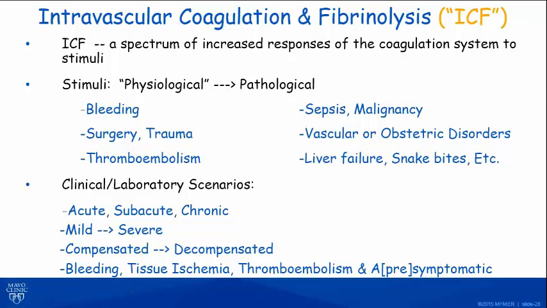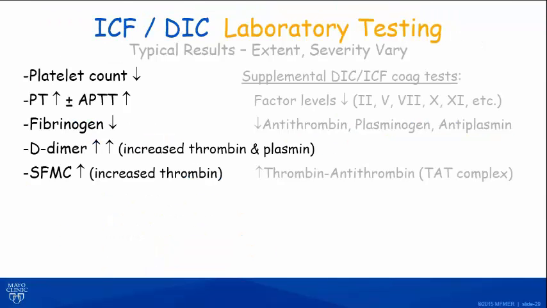Compensated means the clotting factors are still essentially normal. You can have bleeding, thrombotic things occurring, or both of them, or be pre-symptomatic. Typical findings in DIC: the platelets are consumed, the PT is more sensitive to factor depletion, fibrinogen is consumed, D-dimers are elevated, reflecting that you made thrombin and plasmin got activated, and soluble fibrin monomer mainly detects increased thrombin.